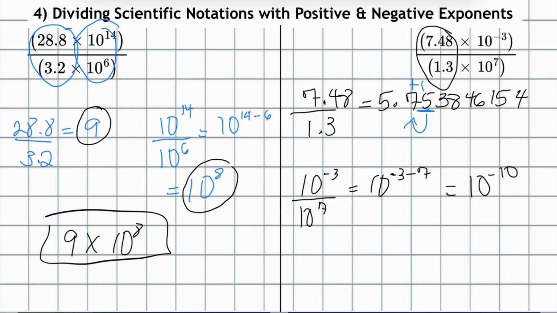So that's going to become 5.8. Okay, so as our final answer, we're going to have 5.8 times 10 to the negative 10.